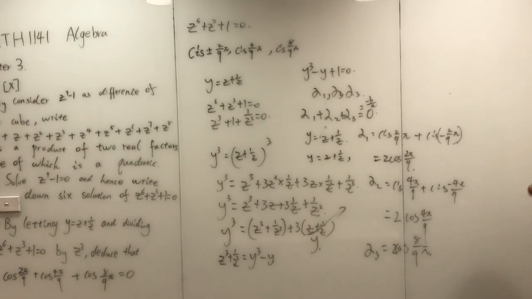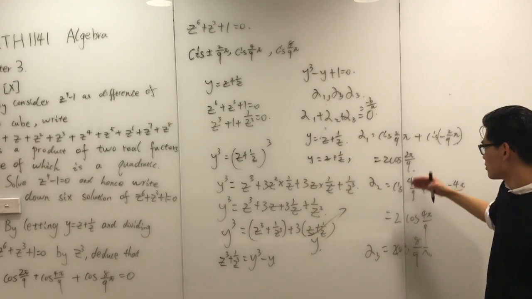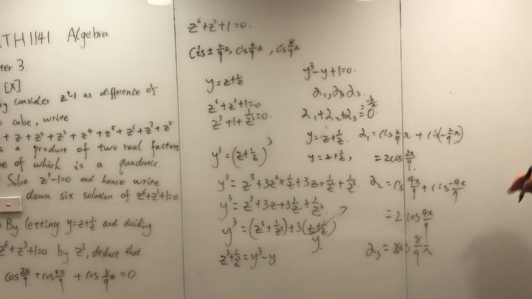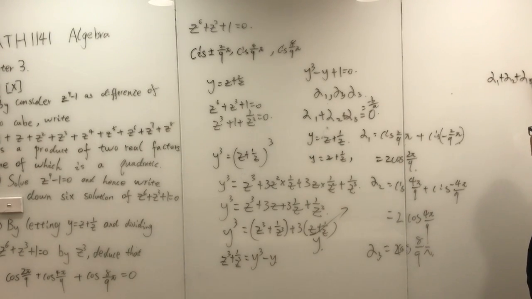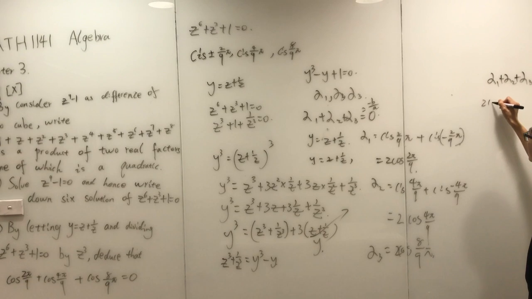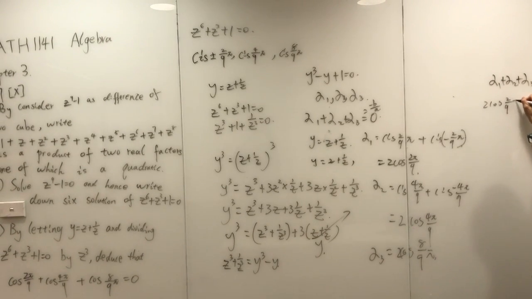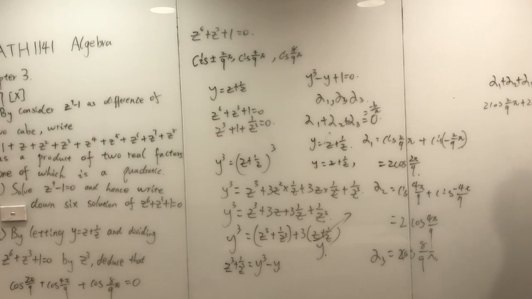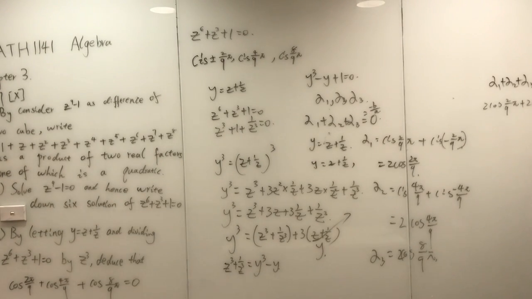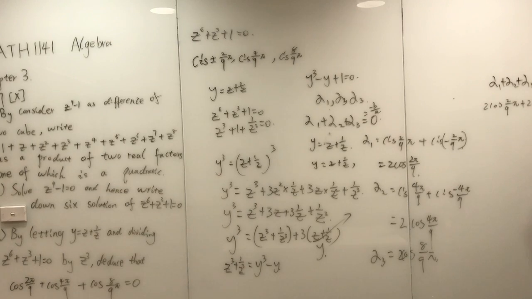Now we can sum up these things. It seems like we're nearly there. We sum up these 3 roots, so we got 0.